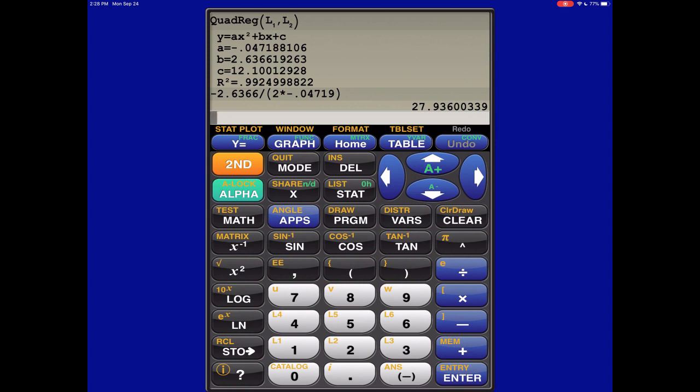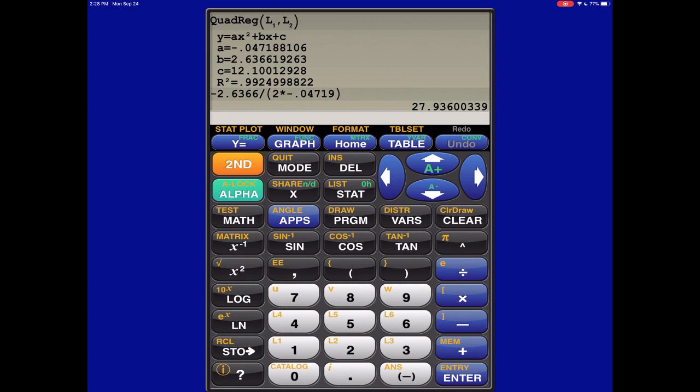So that's 27. Because in time you want to round down, so that's the 27th year. And then what we want to do is plug 27 into our function.